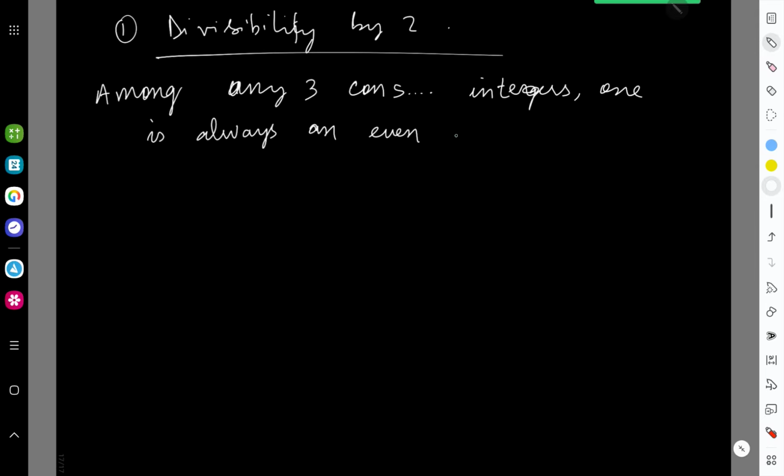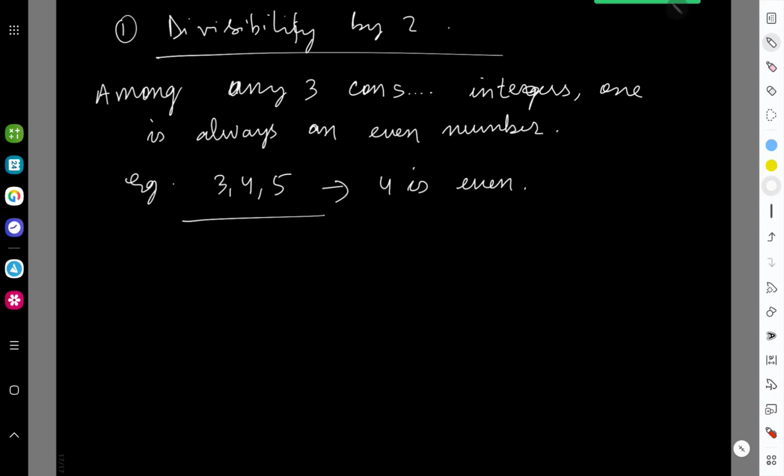I hope you can agree with the statement. If you consider any 3 consecutive integers, for example 3, 4, 5, here 4 is even. Likewise, in any 3 consecutive integers, one will always be even. So the product will always be an even number, and an even number is divisible by 2.